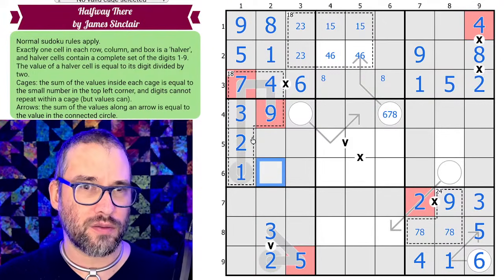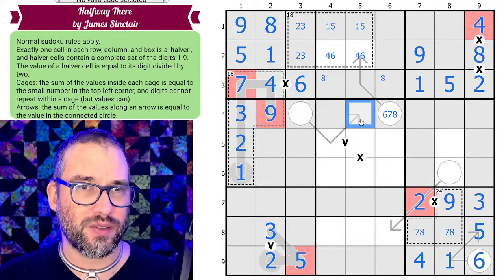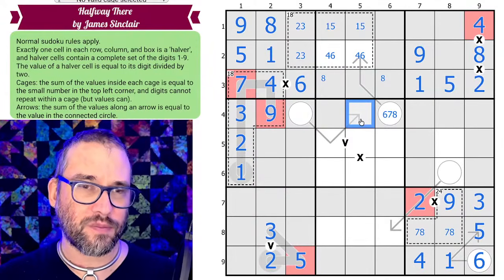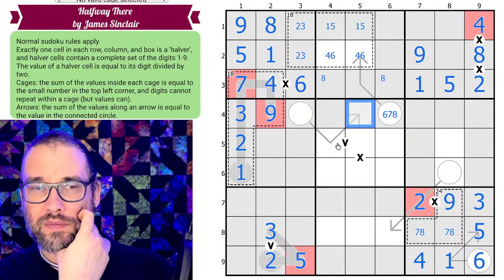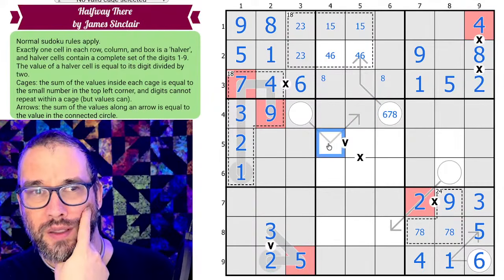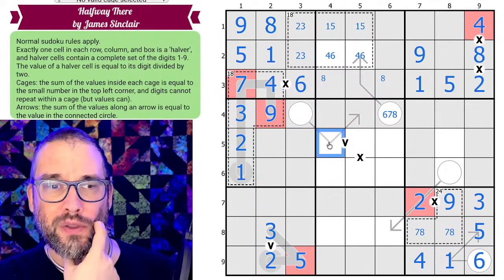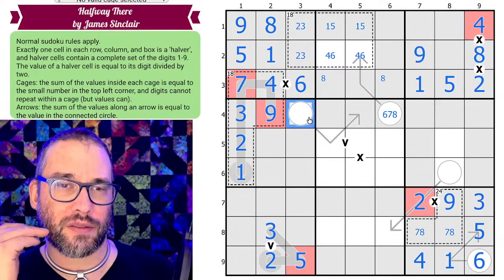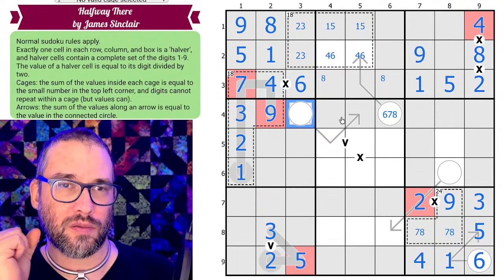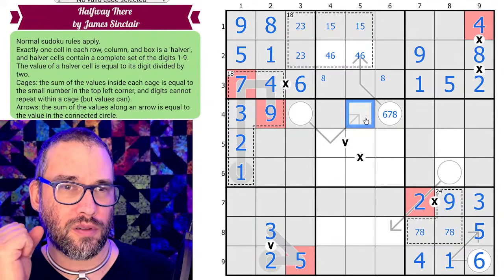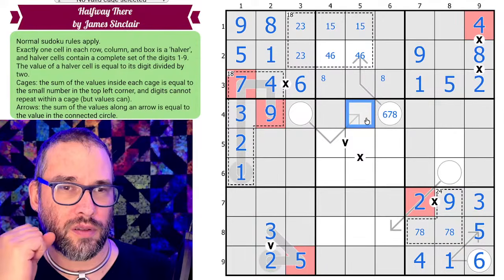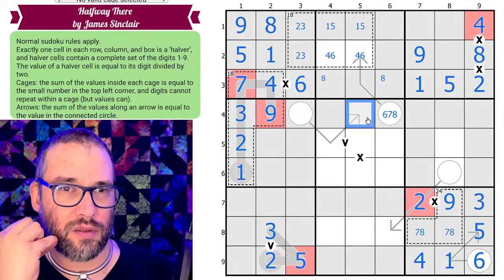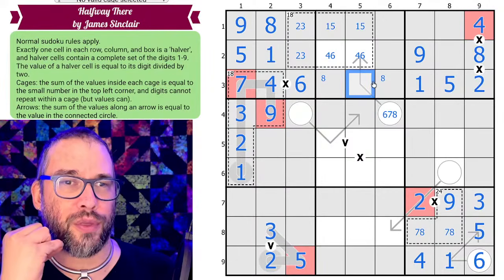Todd wants us to look at this. See, this has a value of 1, 2, 3, 4. This maxes out at 8. Oh, row 3, column 5.